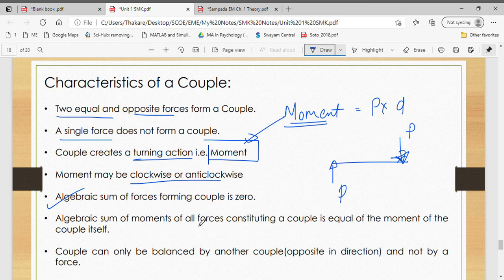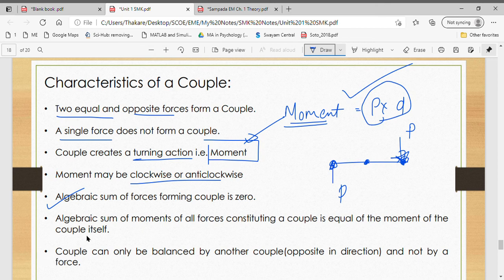The algebraic sum of moments of all forces constituting the couple is equal to the moment of the couple itself. If I take the moment of this force P at this point, or this force P at this point, or both these forces at some intermediate point, the magnitude will be the same as the magnitude of the couple.